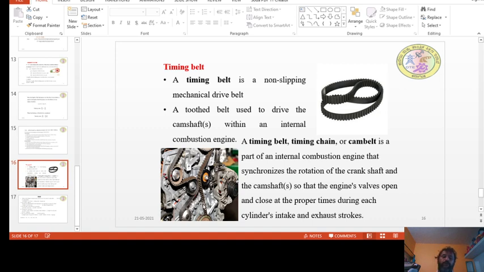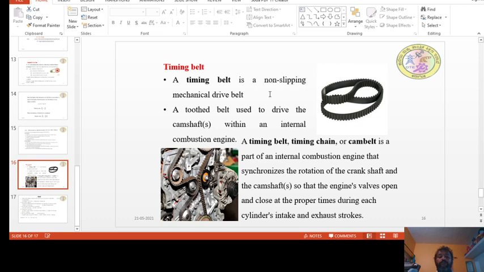In that case, gear drives cannot be used. If we attempt to use gear drives, more number of gears come into the picture, and as more gears come in, efficiency decreases. In that case, we go for a special belt called a timing belt.